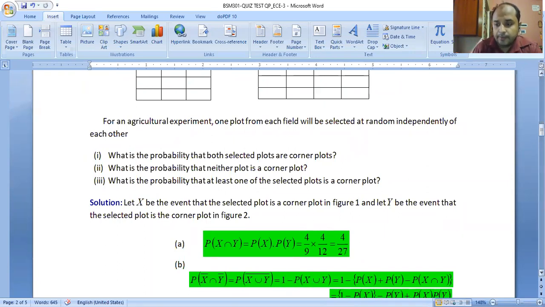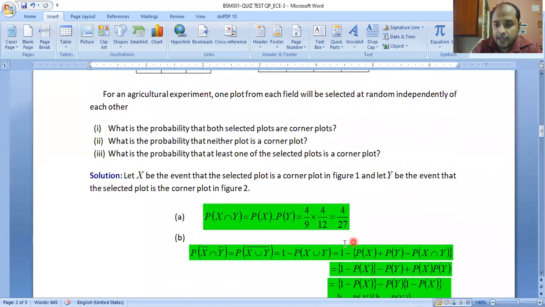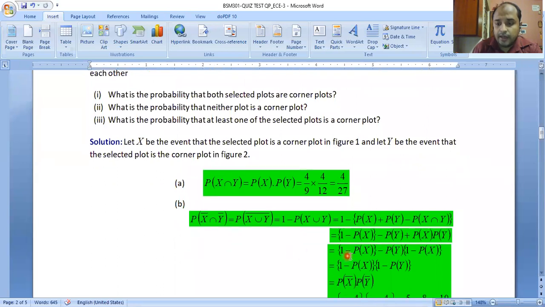And here you can apply the formula for probability of A union B. So I have written probability of X plus probability of Y minus probability of X intersection Y. And again, you know that the selections are independent of one another. The probability of X intersection Y has been written as Px into Py. And after a little bit of simplification, we get 1 minus Px multiplied by 1 minus Py.